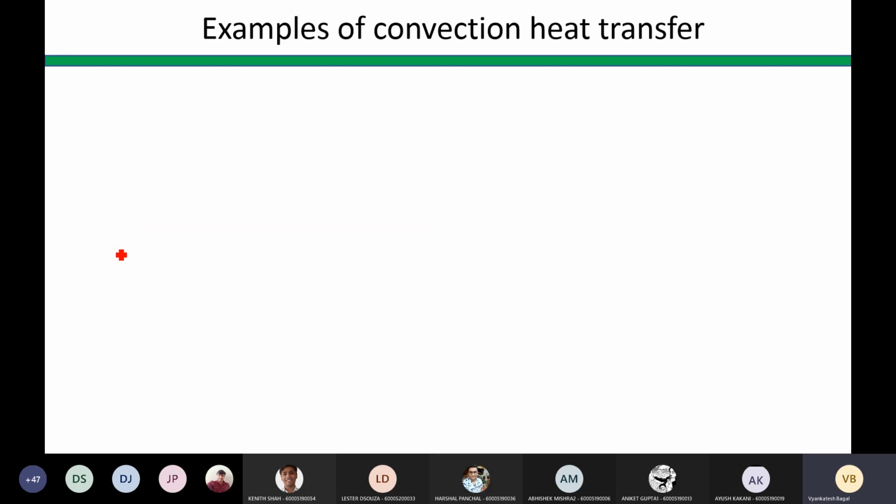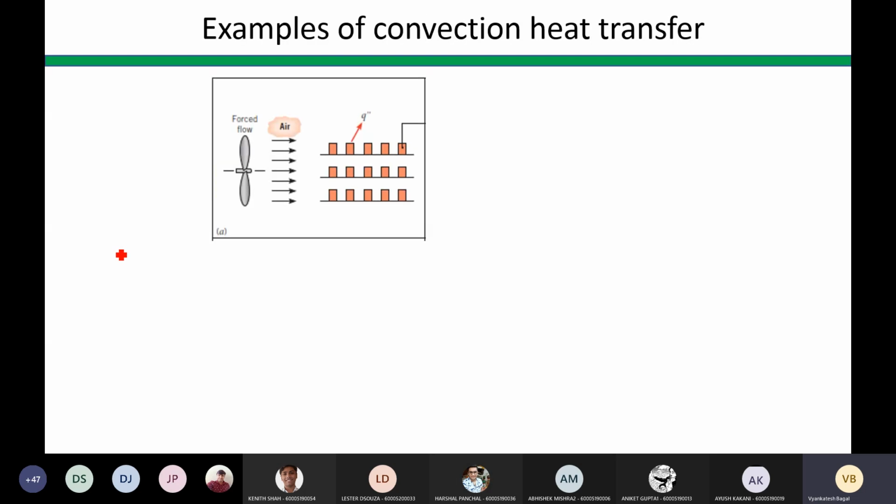Now I am going to put forward 4 examples on this slide where you can decide what type of convection is taking place. Look at the first diagram. Let us say an electronic PCB is there, which is hot, and heat is transferred from this hot surface to the surrounding air, but this air is forced by a fan.